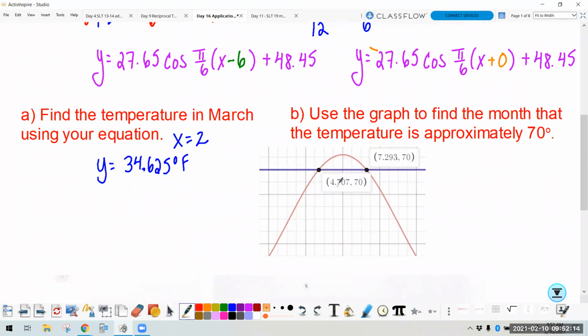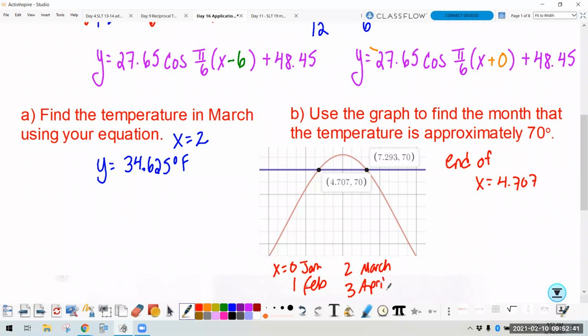So month 4.7 is, we're going to say, the end of March. That's when x is 4.707. I'm off on my months again. Geez, 0 is January, 1 is February, 2 is March, 3 is April, 4 is May.